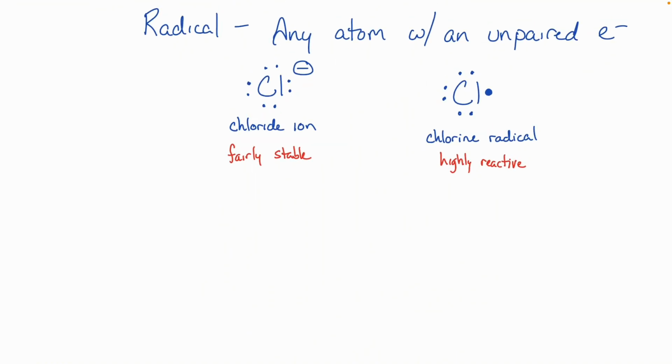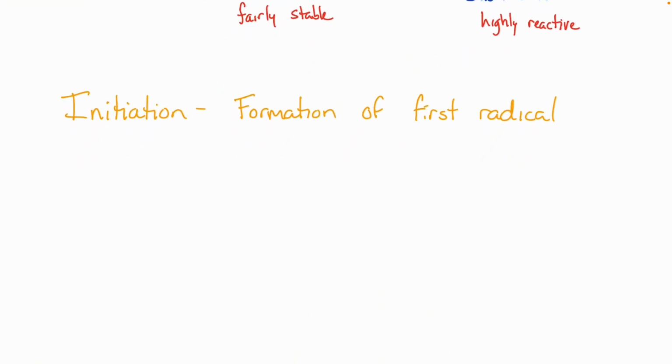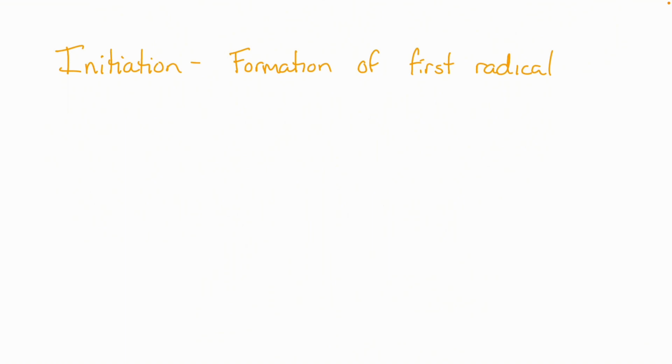The first step is what we call initiation. This is the formation of the first radical. Okay. So we take our chlorine gas, our diatomic chlorine, right?